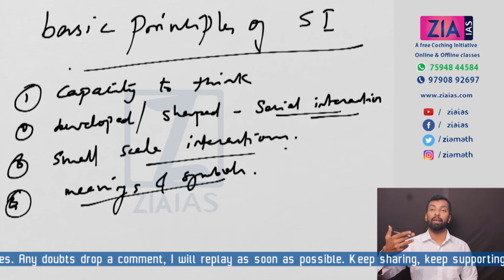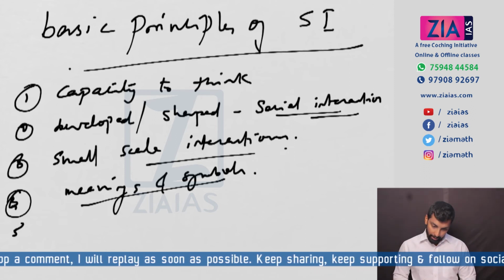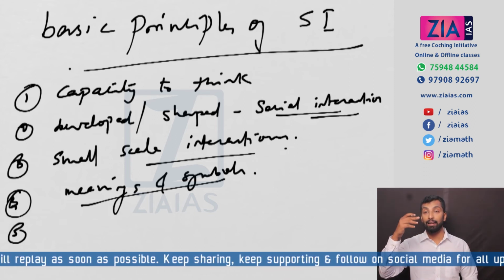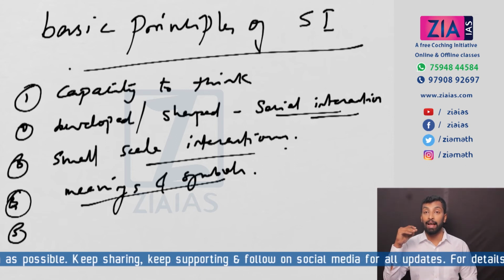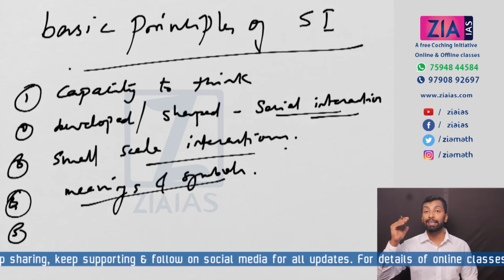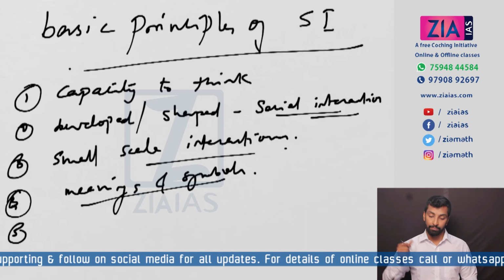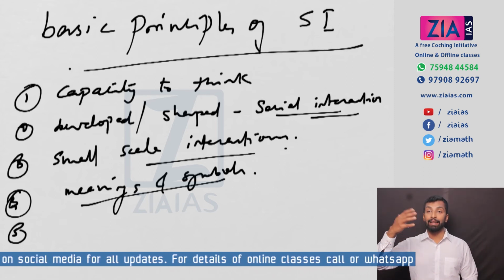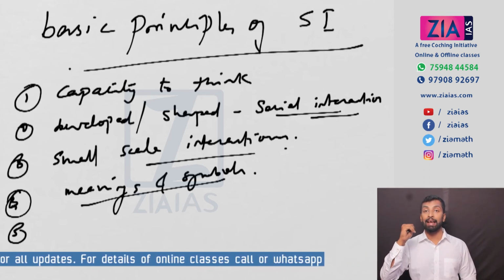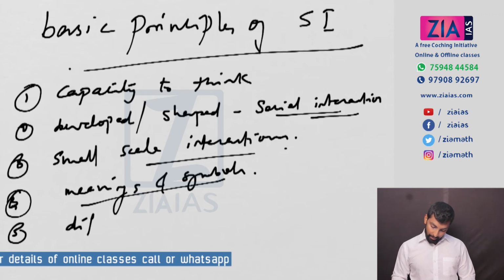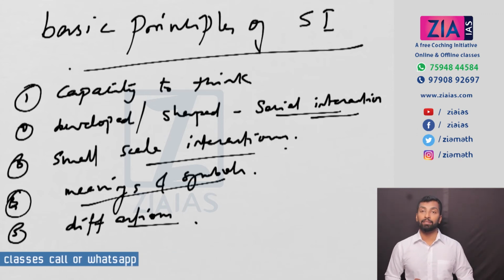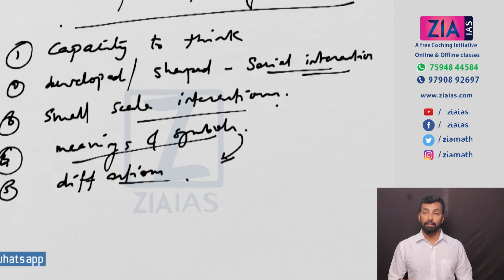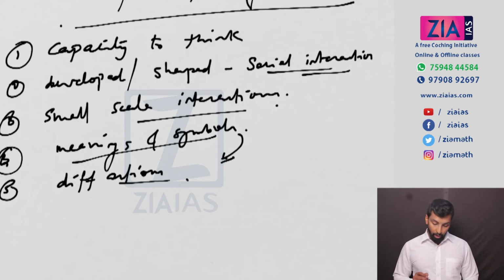I already told you they have a capacity to think, right? The next point, the meanings and symbols that they learn through the social interaction process help them to do distinctive human actions and interactions. So it depends on the meanings and symbols. So different actions and interactions through the symbols and meanings. Okay, so that's symbolic interactionism.